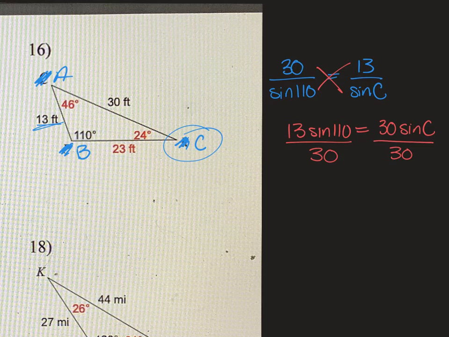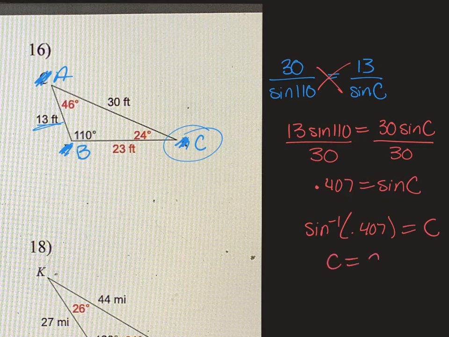Okay. So then in the calculator, you're going to plug in 13 sine of 110 divided by 30. That equals sine C. Right, so you get 0.407 is equal to sine C. So then at this point, this is where you plug in sine -1 of 0.407 in the calculator to get angle C. So you're doing the inverse sine of that, which is going to give you C is equal to 24 degrees.